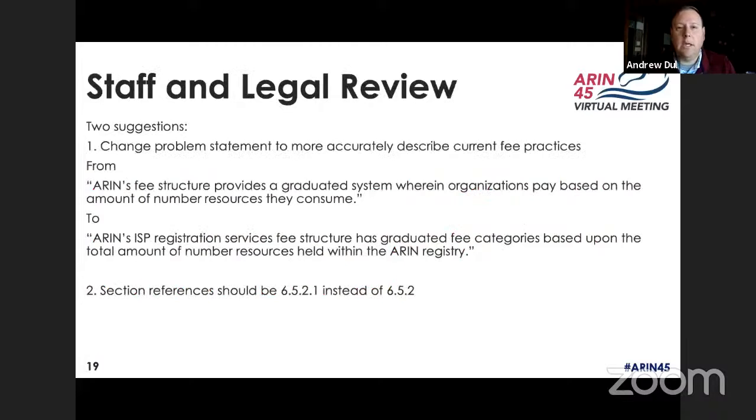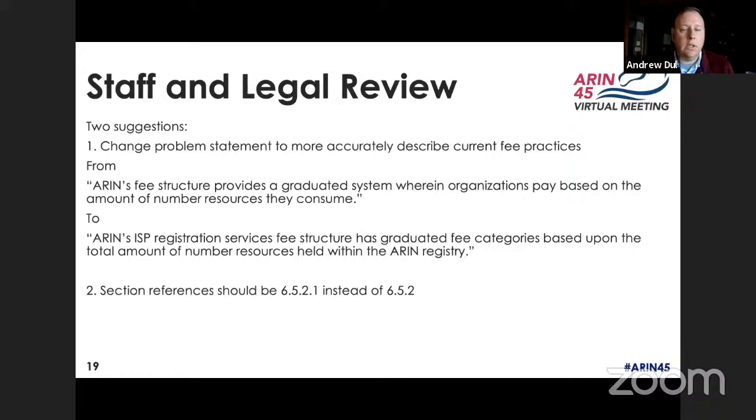This draft policy recently received its staff and legal review. It was posted, I believe, on the website about a week and a half before the meeting. It had two points from staff for consideration. The first was a small change suggested to the problem statement with regard to how ARIN's fees are implemented today.